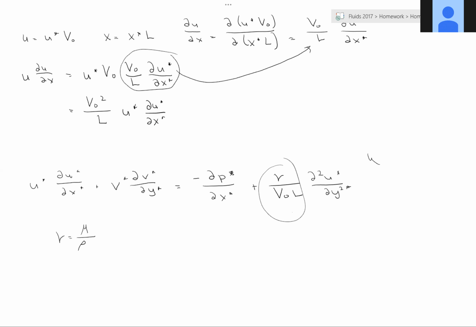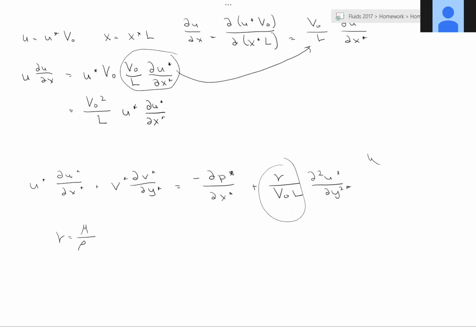But here we actually only have one dimensionless group. And if you remember in class, we had one as well, where we have 1 over the Froude number squared. So there aren't going to be very many.